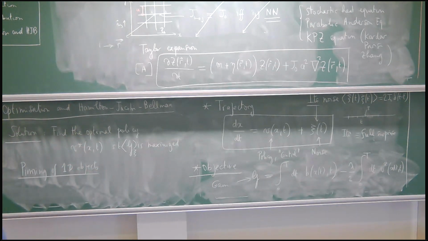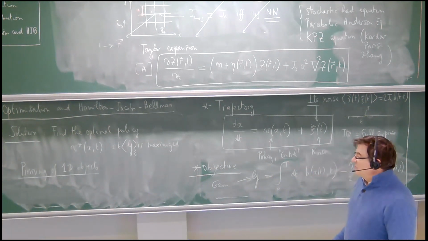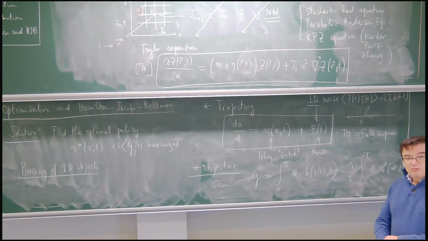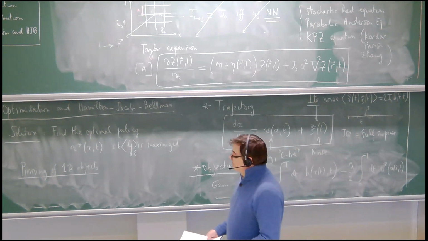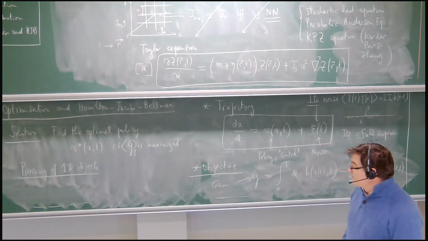So in physics, as you know, there are point-like objects like atoms, but there are also extended objects like polymers or dislocations or vortex tubes in superconductors. There are also two-dimensional objects like membranes and so on.